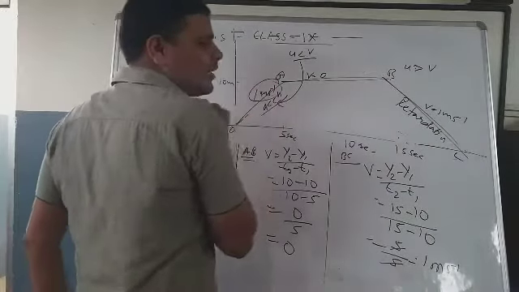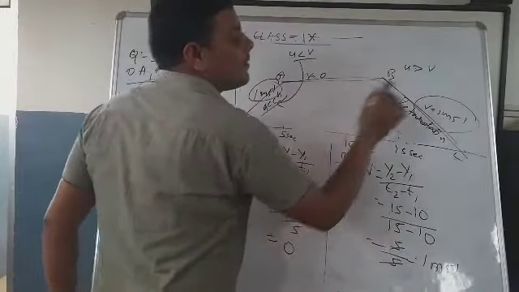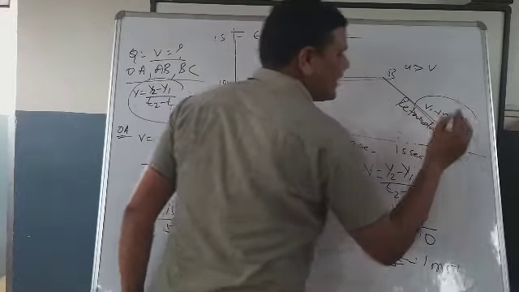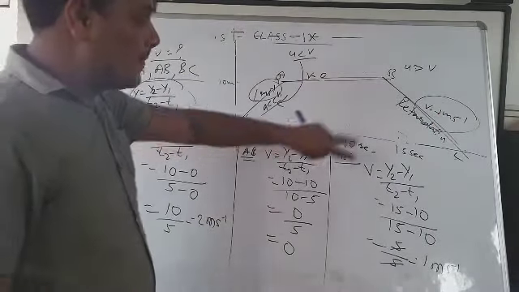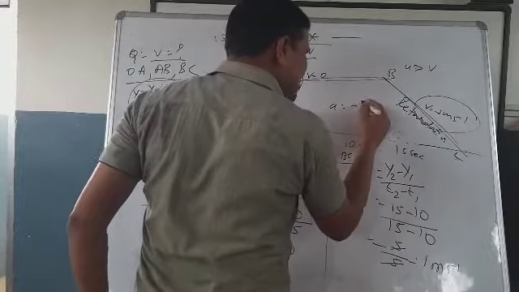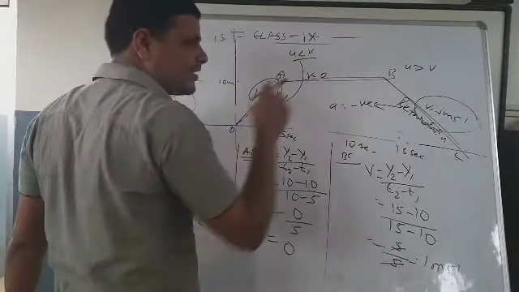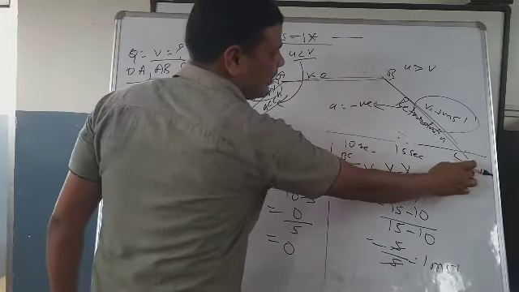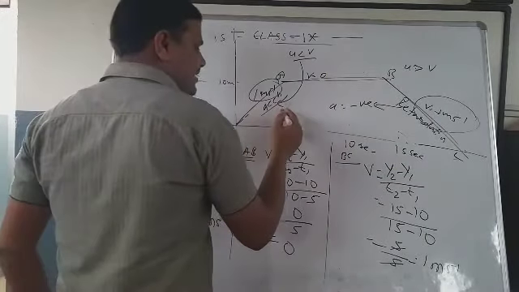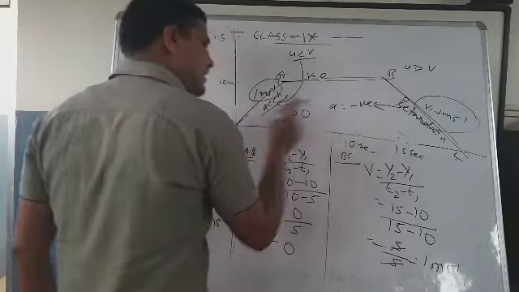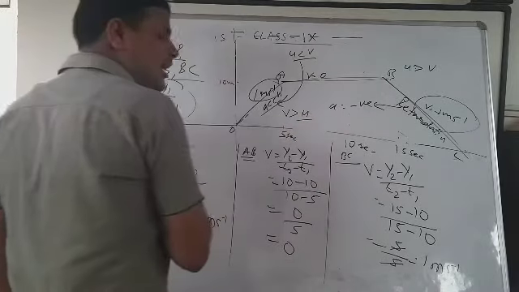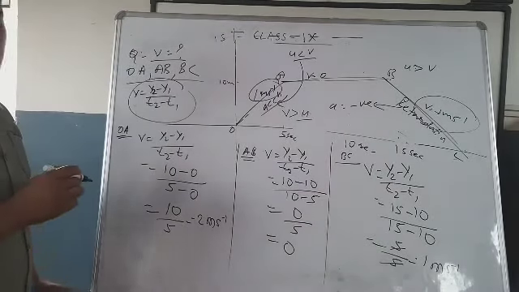Here also you will get 1, here also you will get 1, but in this case you will get minus 1. In the case of retardation, acceleration is always negative, because U is greater than V. But in the case of acceleration, V is greater than U. That is called acceleration.